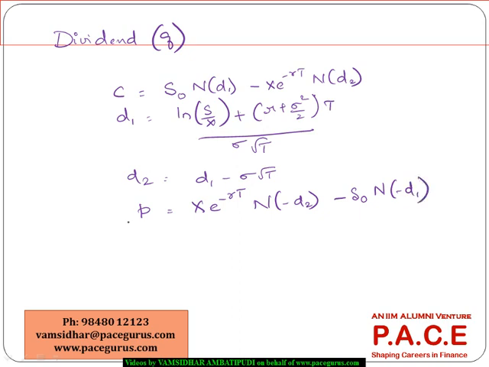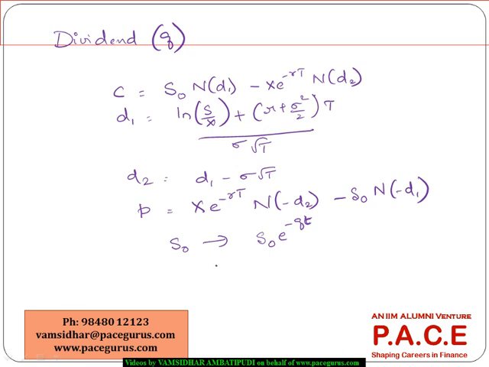Now if at all there are dividends that are existing, the whole scenario is going to be more or less one and the same, except that wherever there is S naught mentioned, I'll take it as S naught into e power minus qt.